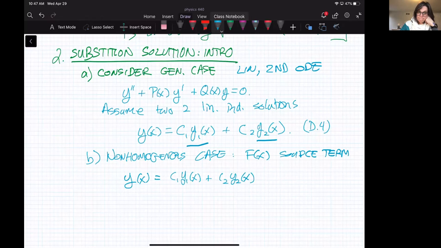It would be an exponential term, depending on what the forcing function might be.